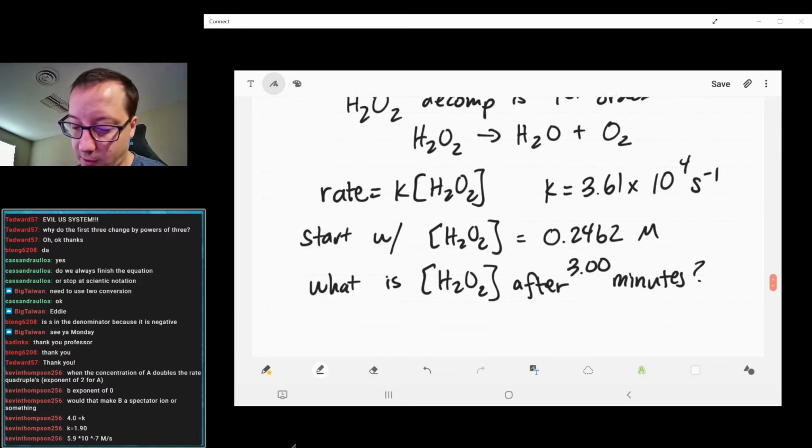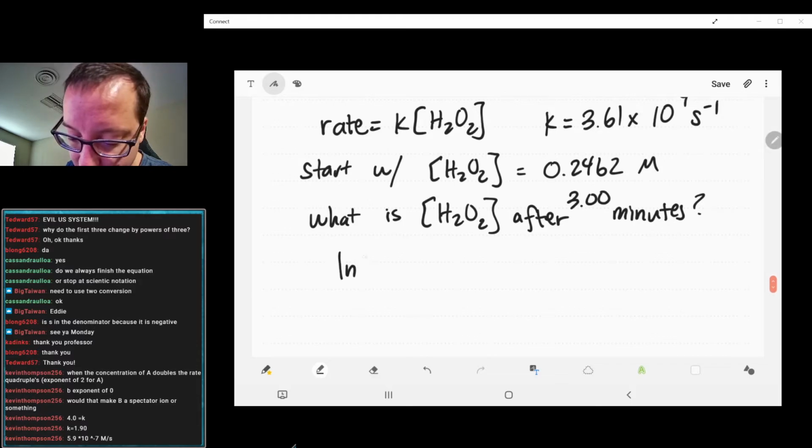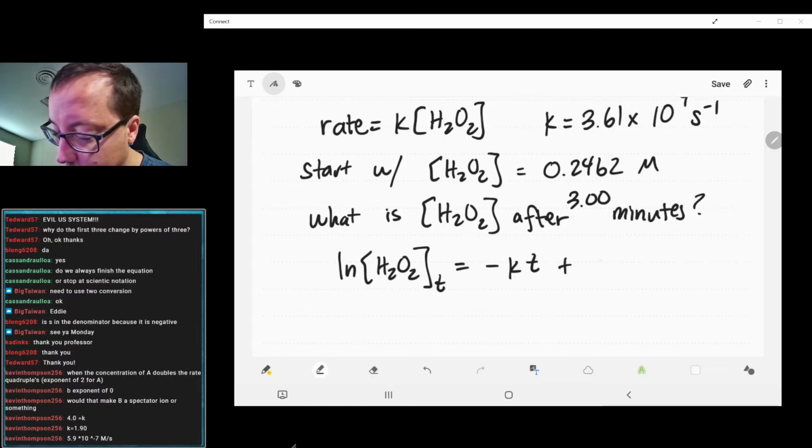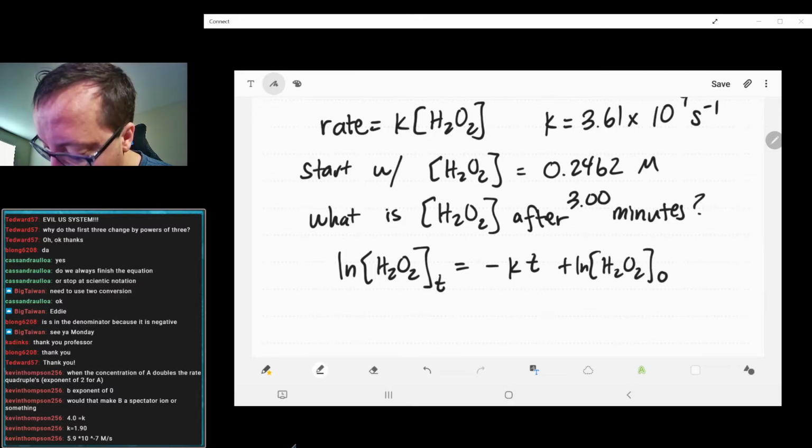So the integrated rate law tells us that the natural log of H2O2 at 3 minutes will be equal to negative kt plus the natural log of H2O2 to begin with, the zero again meaning time 0, so that's your initial one.